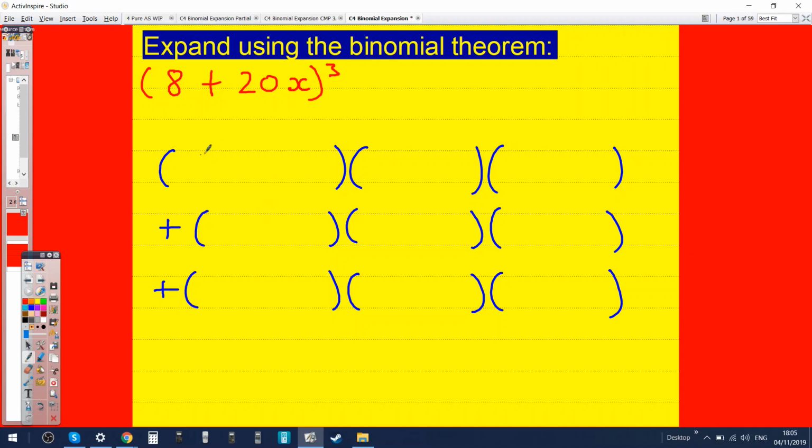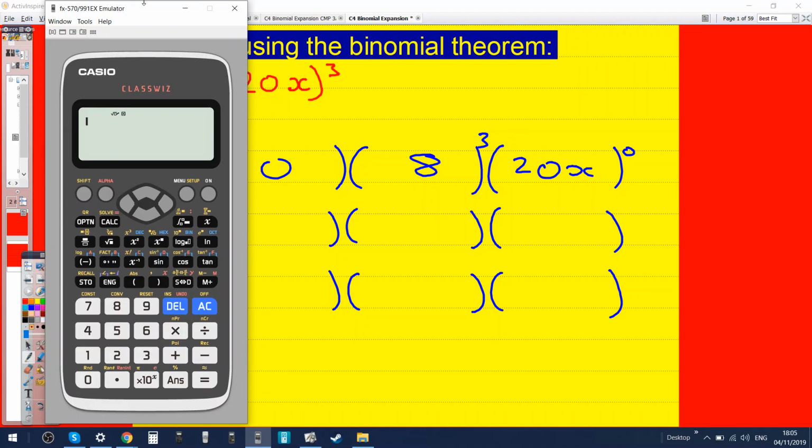So you can't put x into the calculator. What you put is 3C0, 8 to the 3, and then 20x to the 0, and you just put everything into the calculator without the x. Okay, it's coming back to me.